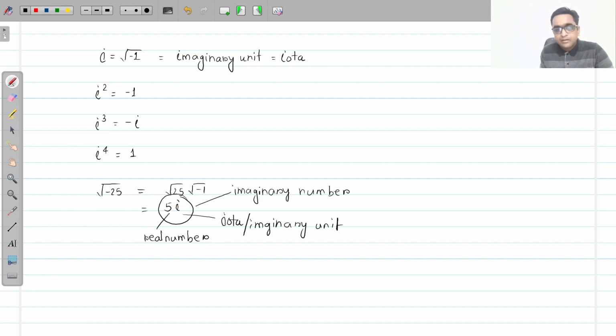So simply 6i means 6 into the square root of minus 1. So 6 means the square root of 36 into minus 1, that is minus 36. So simply 6i is an imaginary number. Simply 2 by 7i is also an imaginary number.